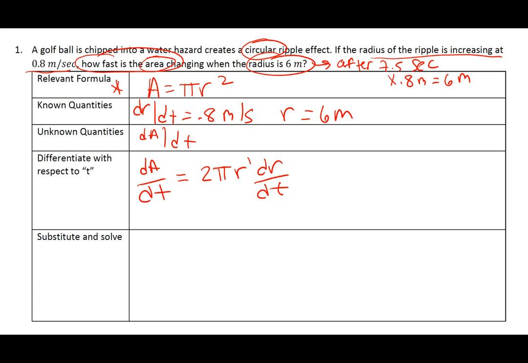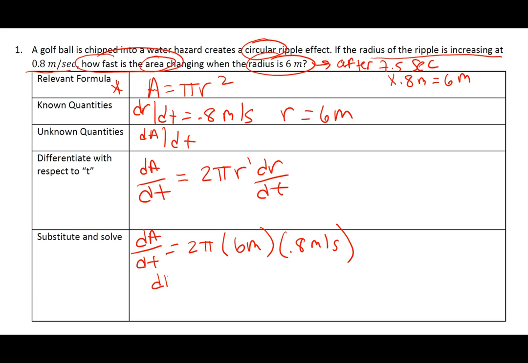You had a formula and you had taken the derivative, but now we're going to go ahead and solve it all the way through. So we are, of course, trying to solve for dA/dt, so that remains the variable. 2 times pi, the radius, 6 meters. dr/dt is the rate at which the radius is changing, which is 0.8 meters per second.